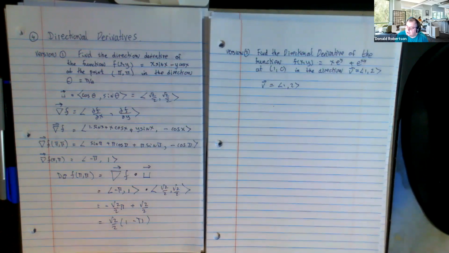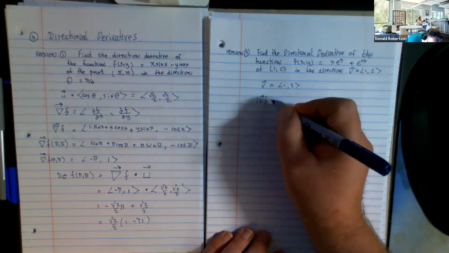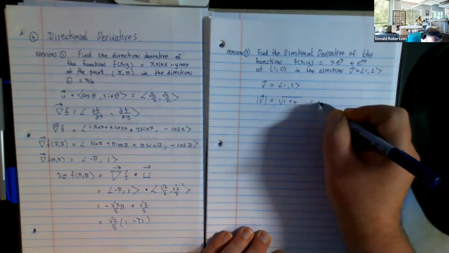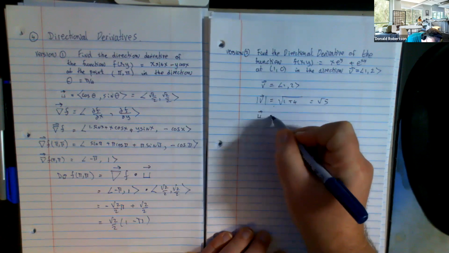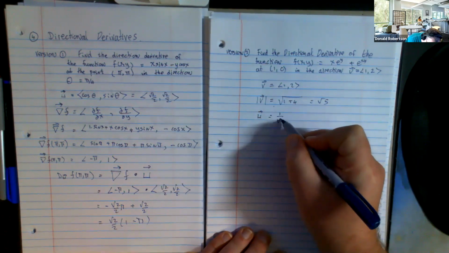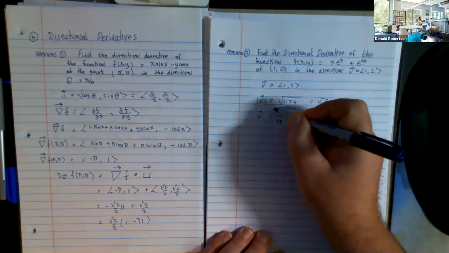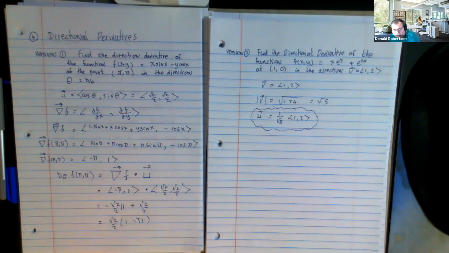So we find its magnitude, and you're right, G, you find its unit vector. The magnitude of this vector is the square root of 1 plus 4, which is the square root of 5. And so the unit vector is 1 over root 5, 1, 2. I'm just going to leave it in that format. I could bring in the root 5 and there would be nothing wrong in doing that.